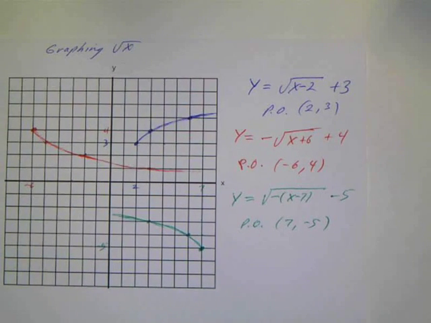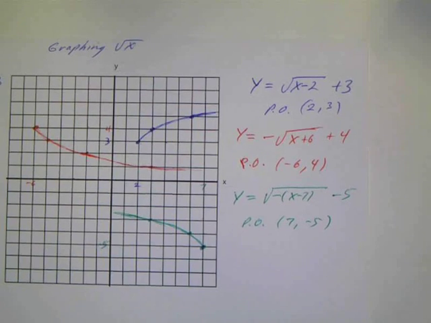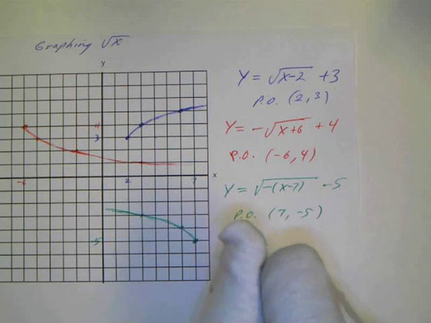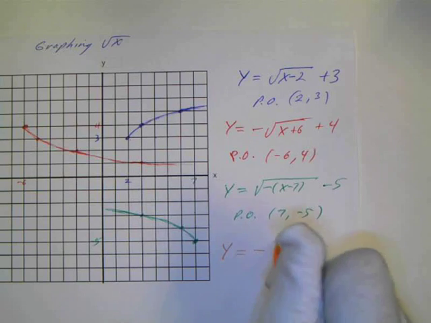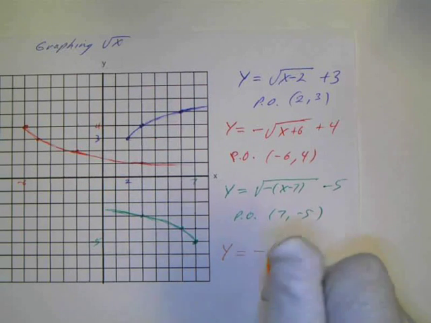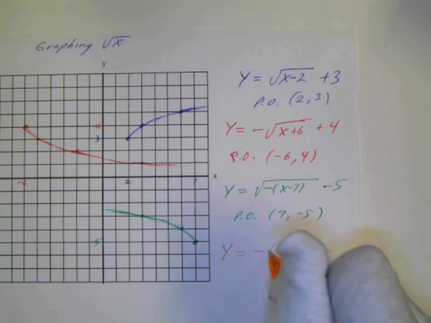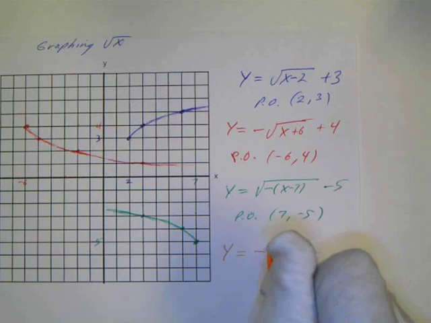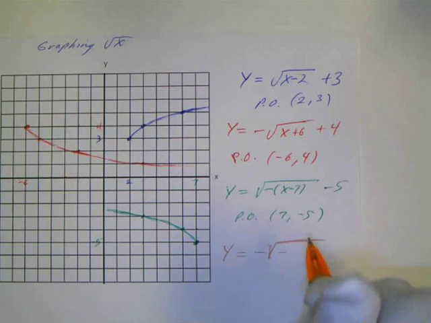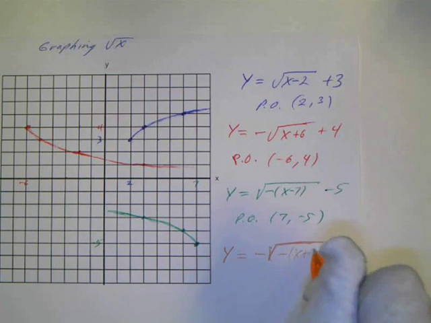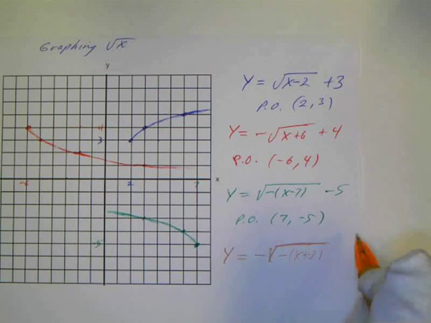Okay, and we'll try one more. I found another color here, so we'll try this one. y equals negative square root of negative x plus 2 minus 4.